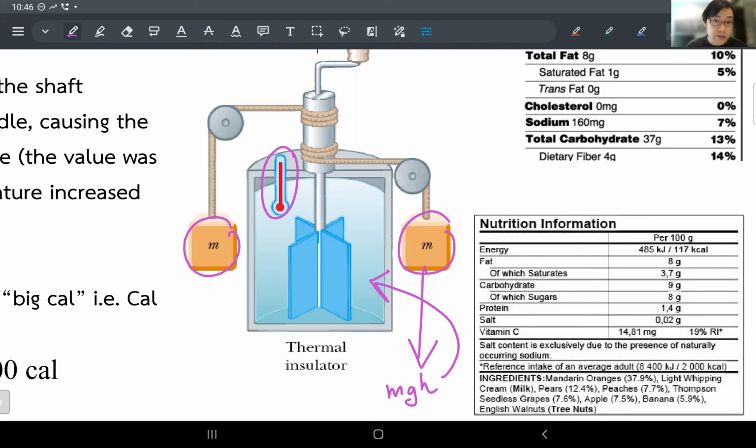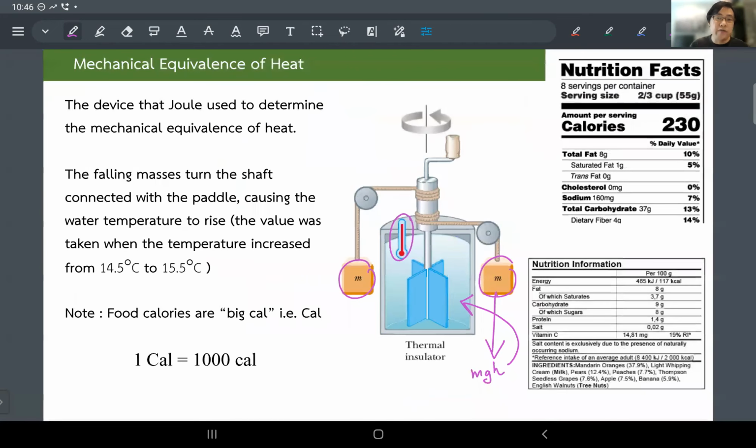So he came to the conclusion that the heat we're talking about has the same meaning as the energy we talked about in the mechanical world. Okay, sounds good. For us today, we know that.